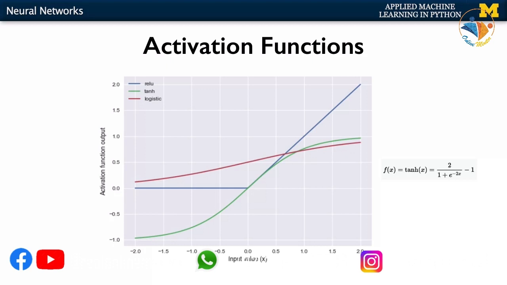The ReLU activation function is the default activation function for neural networks in scikit-learn. It maps any negative input values to 0. The hyperbolic tangent function, or tanh function, maps large positive input values to outputs very close to 1, and large negative input values to outputs very close to -1.